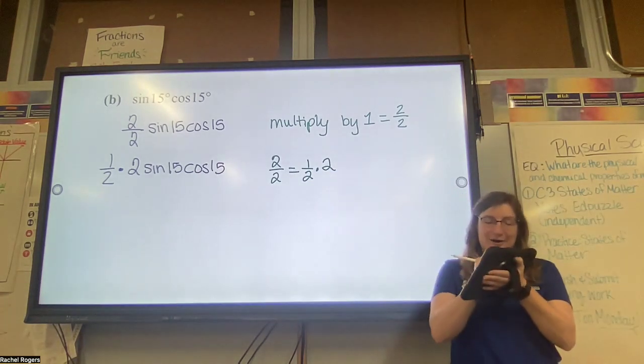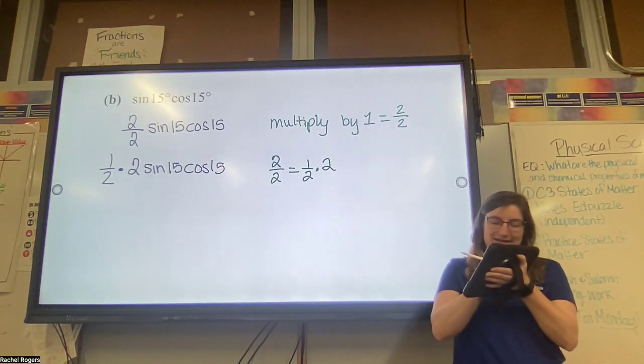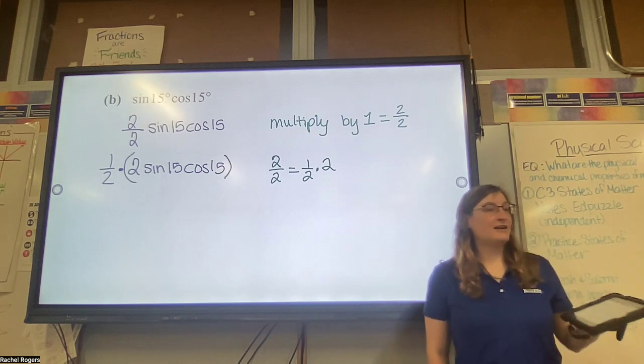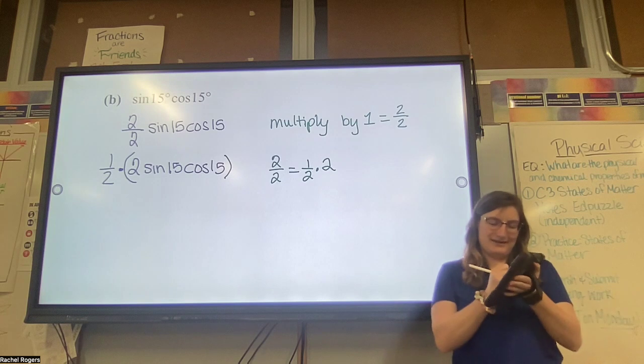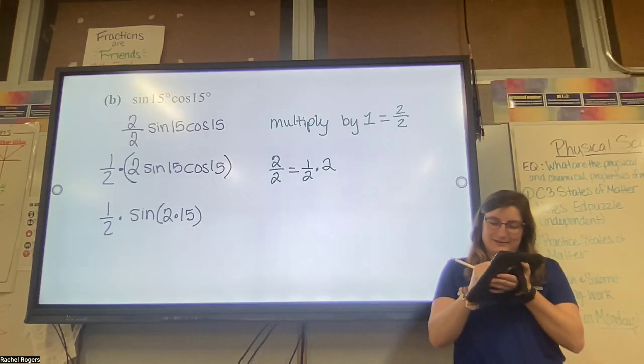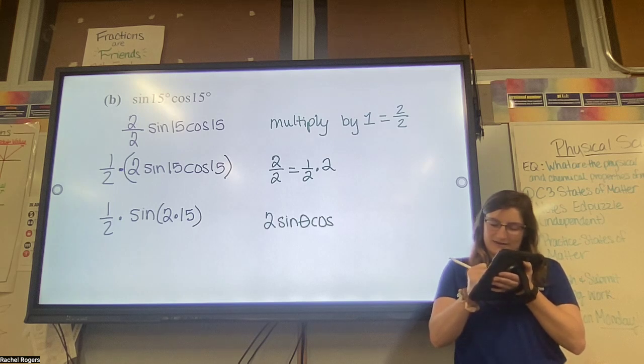All right, and now this looks like sine of 2a, right? So this is 1/2 times sine of 2 times a, which was 15, right? So 2 sine theta cosine theta is equal to sine of 2 theta.